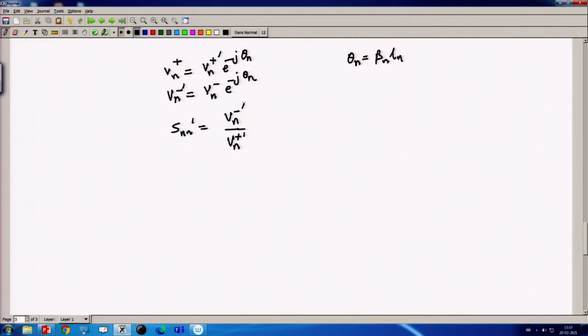So, S n n dashed is the scattering matrix at the new terminal plane. It is related to V n minus dashed by V n plus dashed. So, that can be related to the V n minus and V n plus at the old terminal plane.